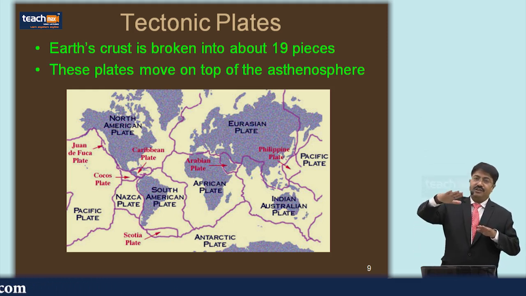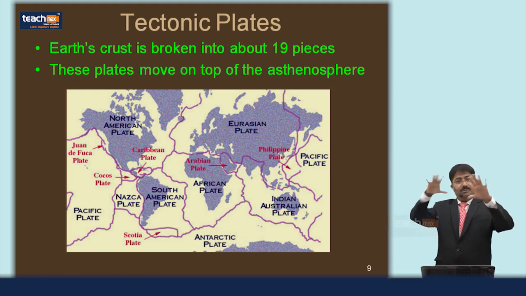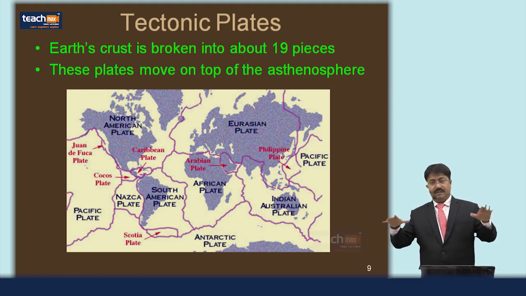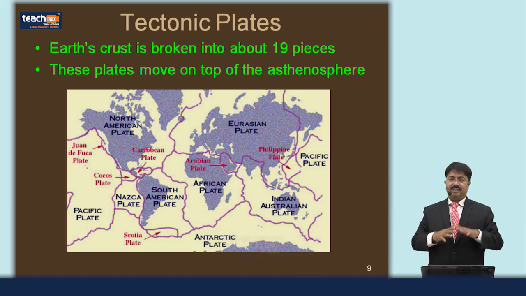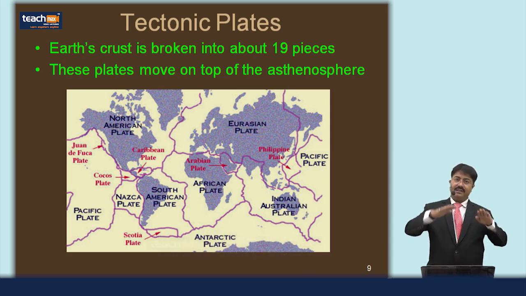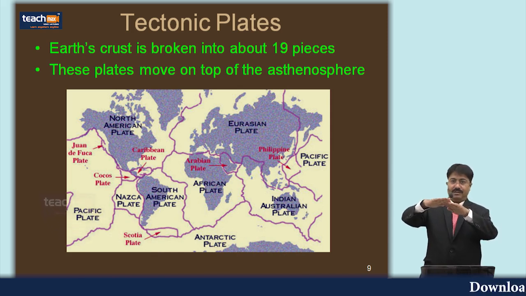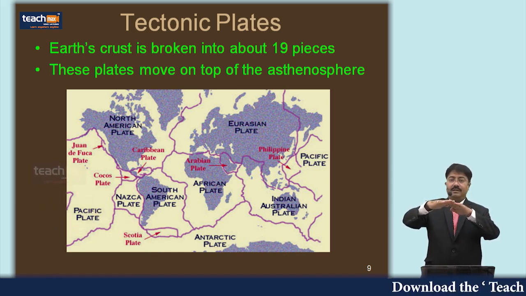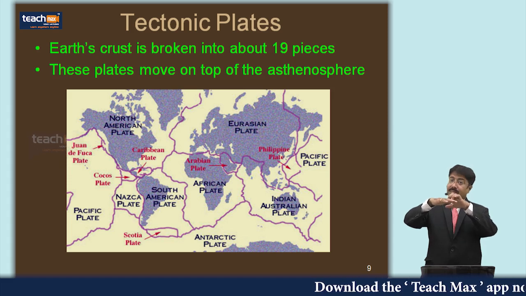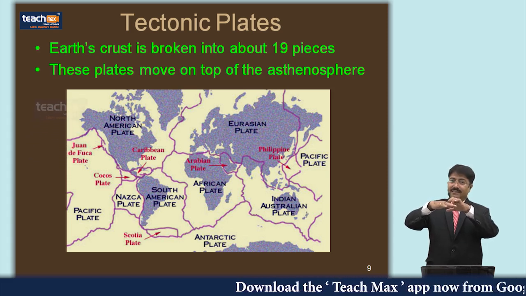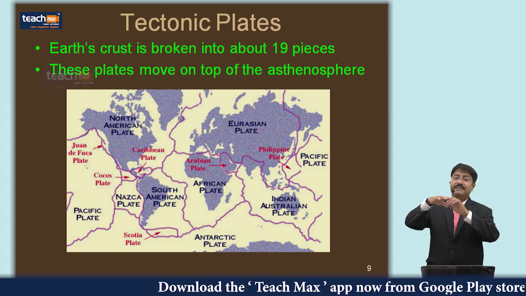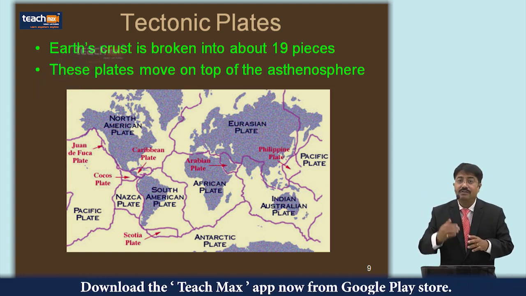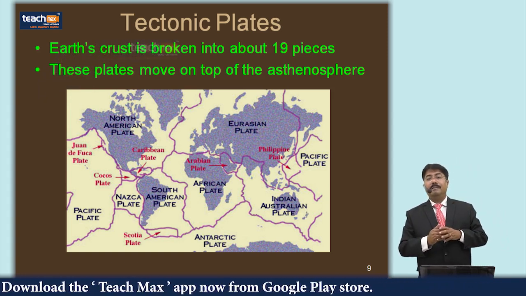Basically, the Asian plate is a huge plate and it has been somewhat stabilized, whereas the Indian plate is moving towards the Asian plate, due to which folds are taking place.